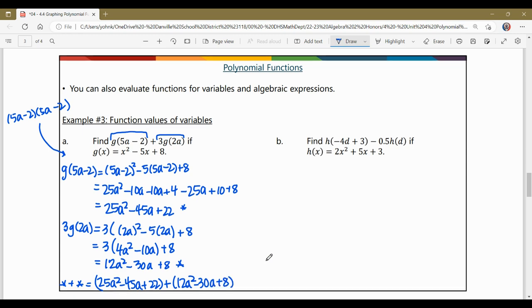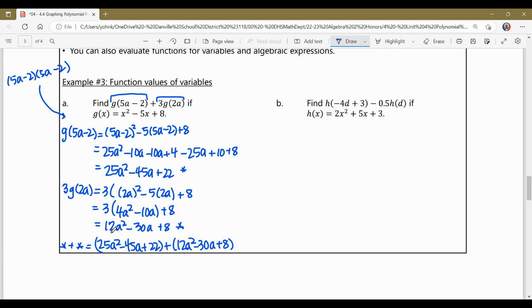So I just found my two expressions, and now I collect like terms. 25a^2 + 12a^2 is 37a^2. -45a plus a -30a is a -75a. And 22 + 8 is 30. So 37a^2 - 75a + 30.